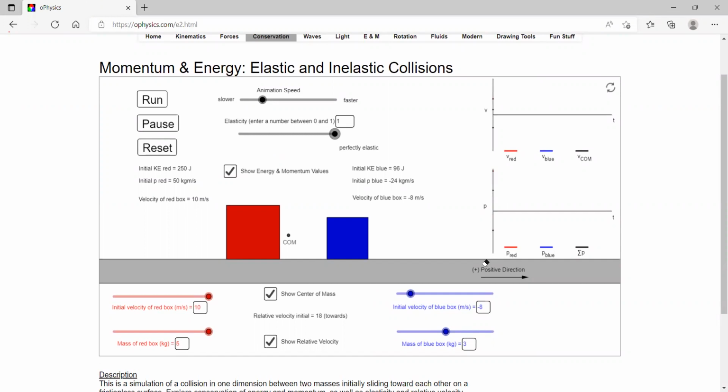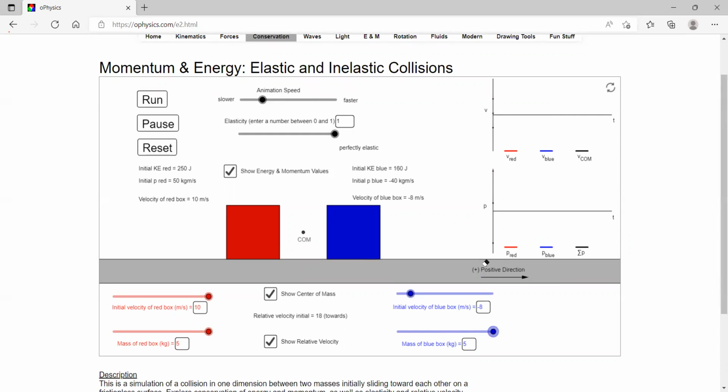Now let me make both blocks the same mass. You see that the red block has mass 5, the blue block also has mass 5. Now the red block has velocity 10 to the right, and the blue block has velocity -8, that means to the left.